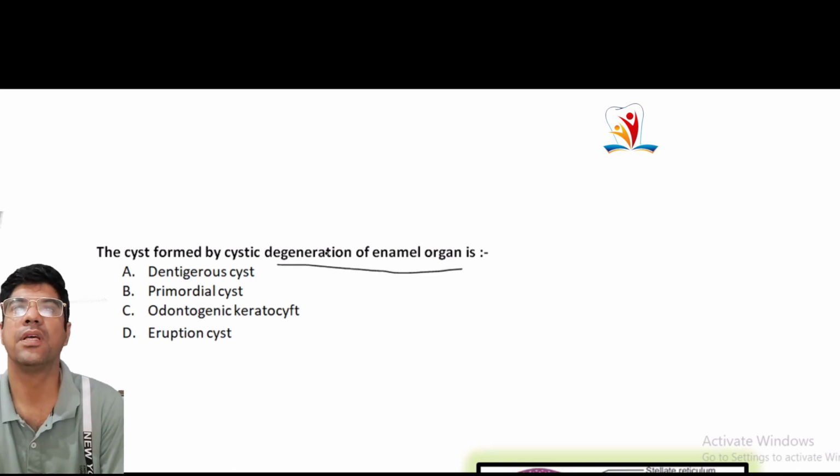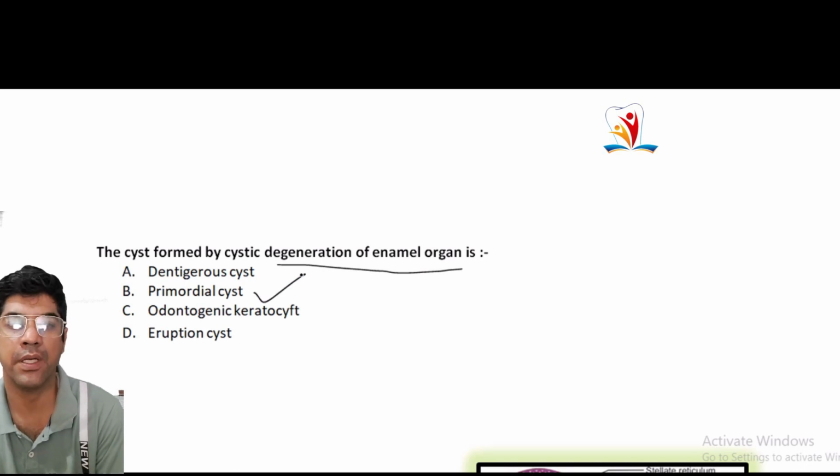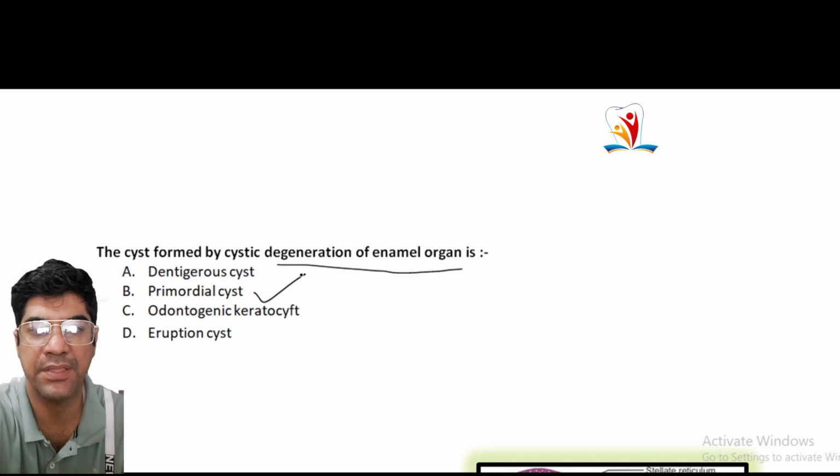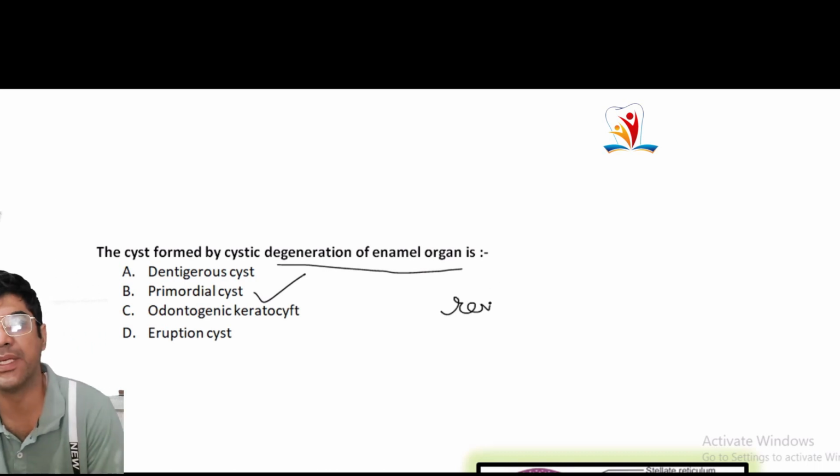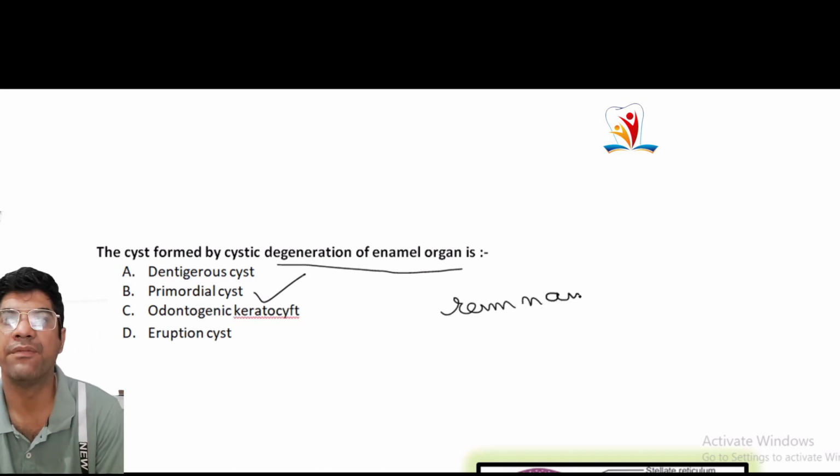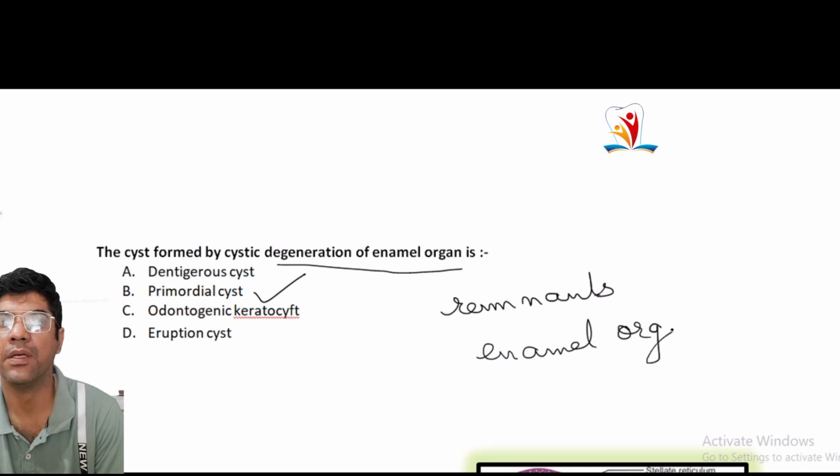The next question, the cyst that is formed by cystic degeneration of the enamel organ, it is the primordial cyst. Remember, the primordial cyst is a developmental odontogenic cyst that is formed from the remnants of the enamel organ after the tooth development.